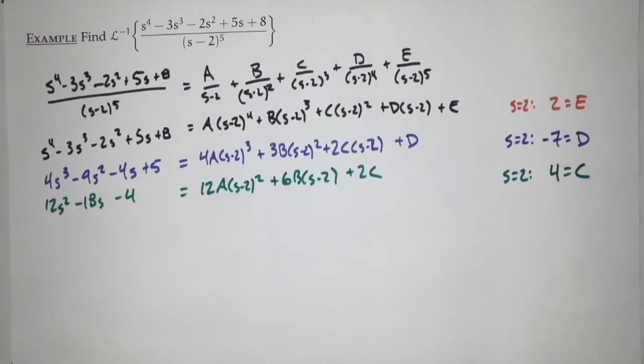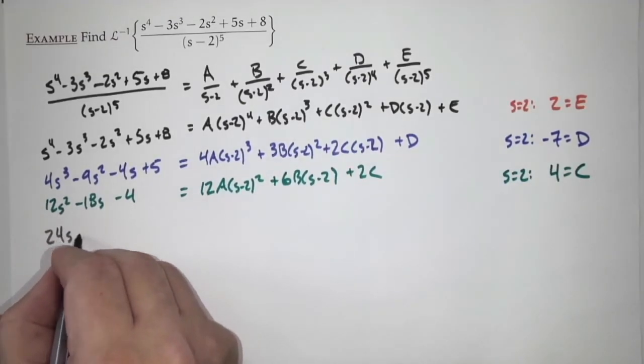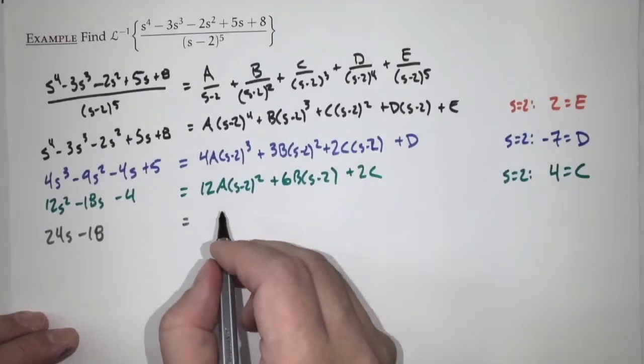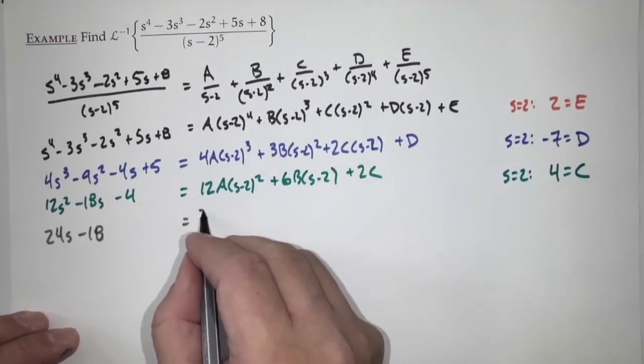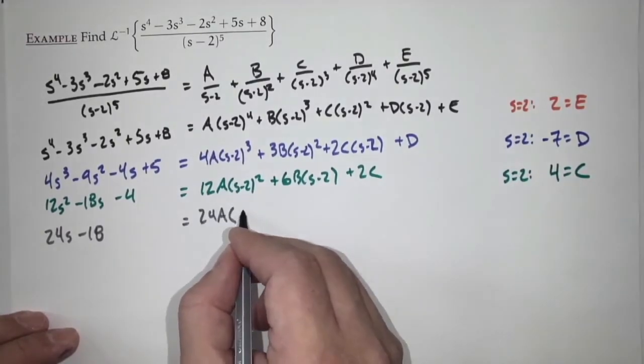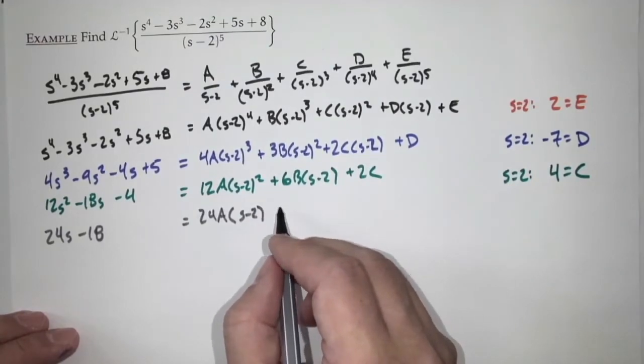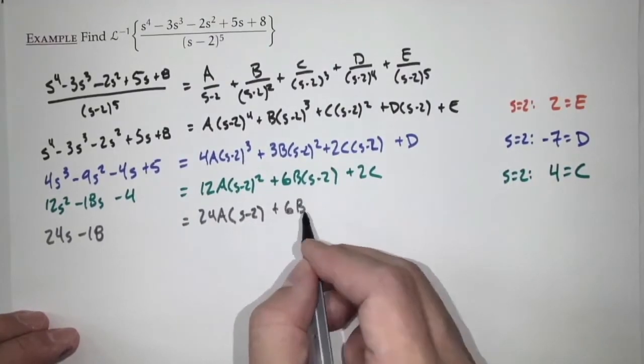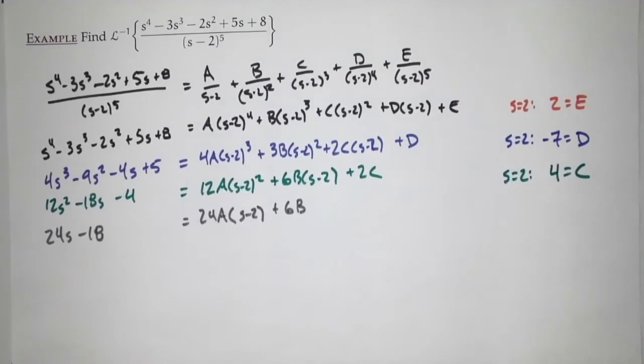All right, take more derivatives. I love that spirit. 24s minus 18 equals, on this side, 24a times (s minus 2) plus 6b. Well, what should we pick?